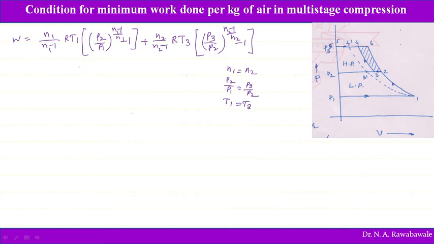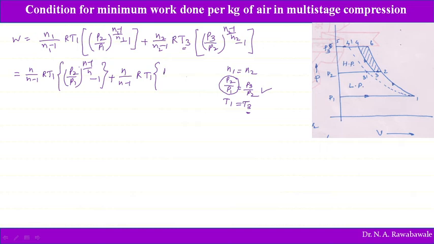So this above equation gets reduced to n divided by n minus 1 RT1 (P2 divided by P1) to the power of n minus 1 divided by n, minus 1, plus n divided by n minus 1 RT3, where T3 is equal to T1, times the bracket P3 divided by P2, and P3 divided by P2 is equal to P2 divided by P1, to the power of n minus 1 divided by n, minus 1.